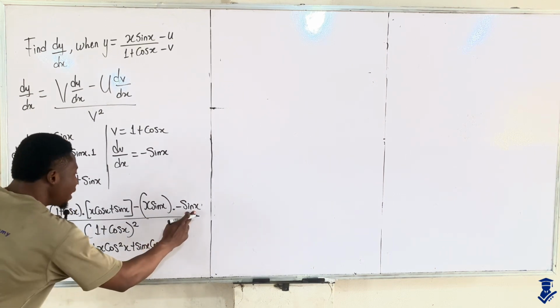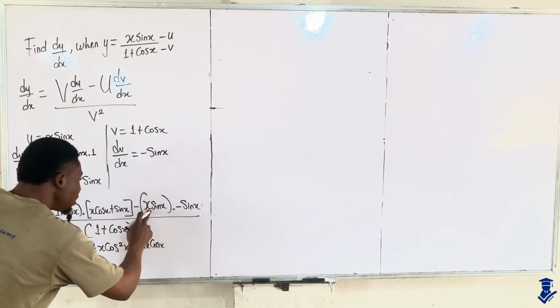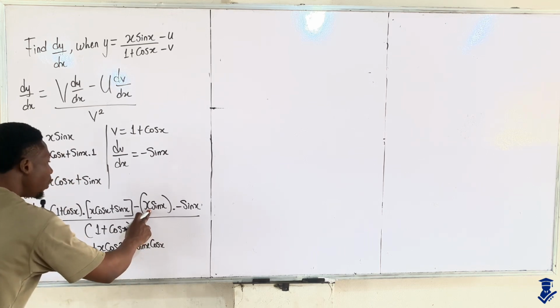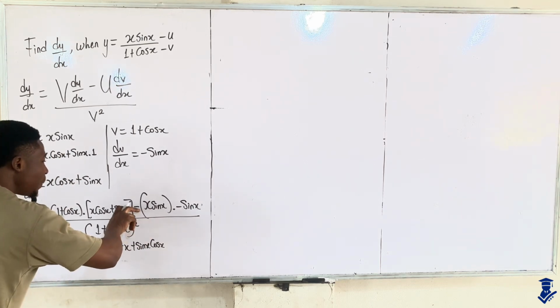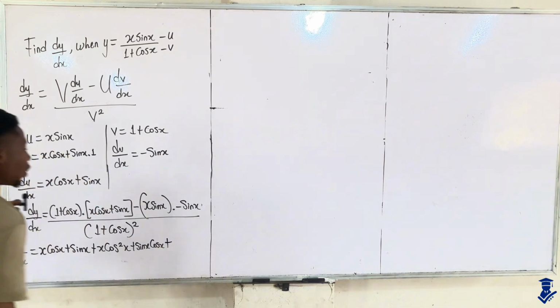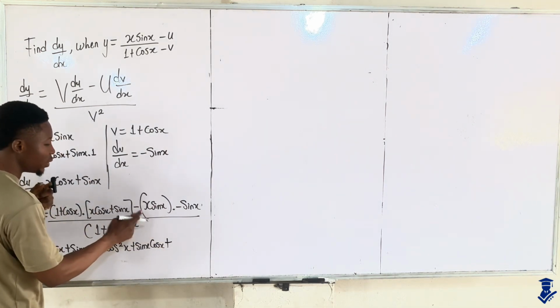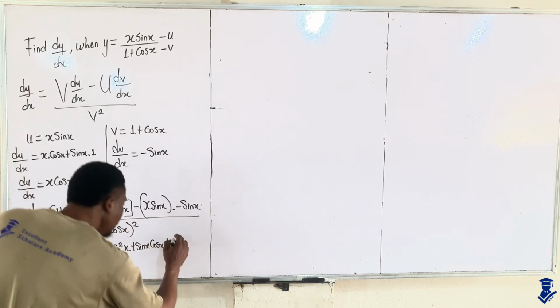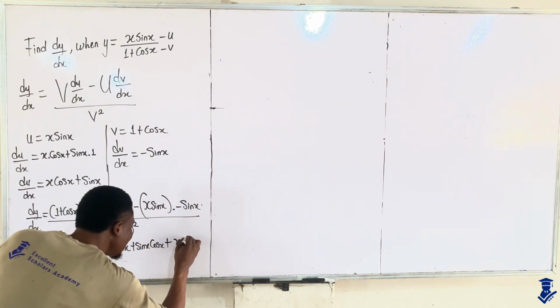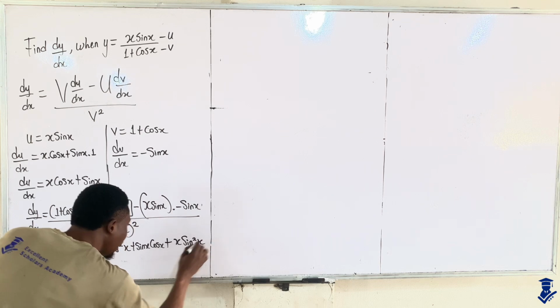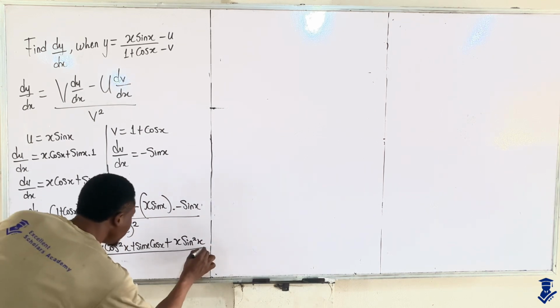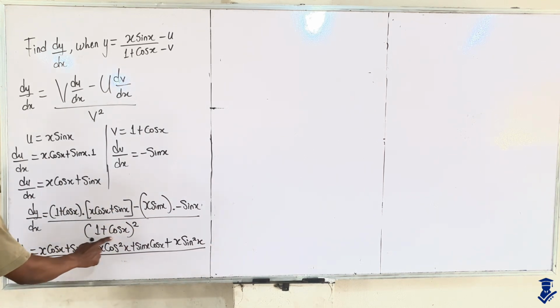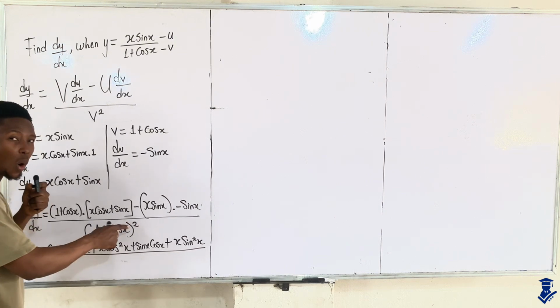Now, minus sin x multiplied by this is going to give us minus, and with this minus, we're going to have plus. So this minus and this minus gives us plus. Then x sin x times x sin x gives us x sin squared x. Over, now we have 1 plus cos x all squared.